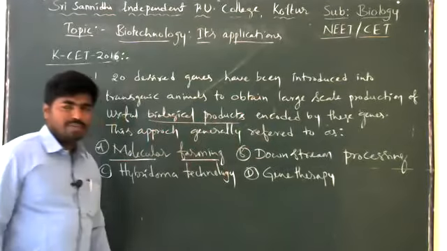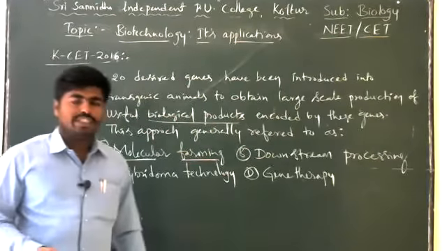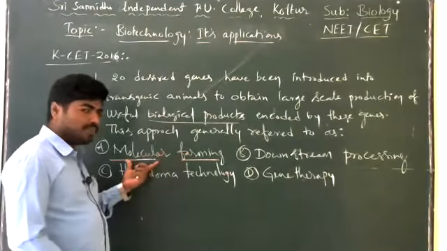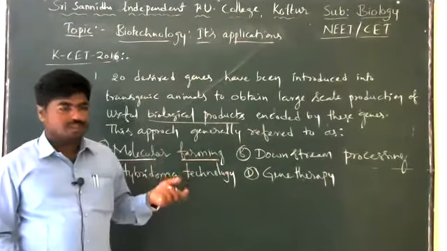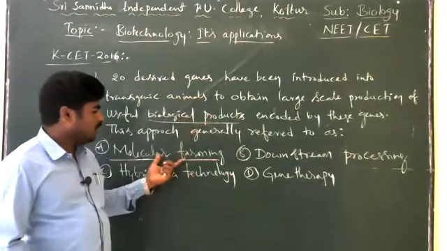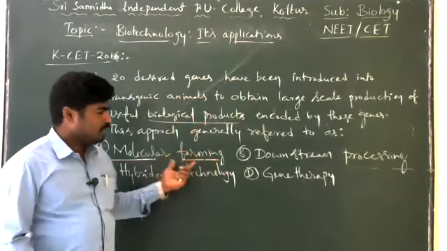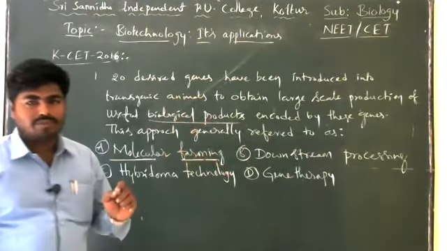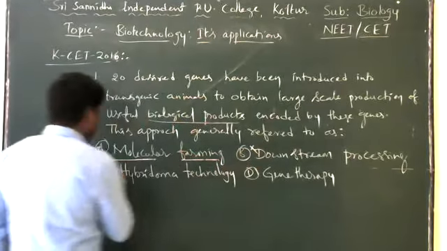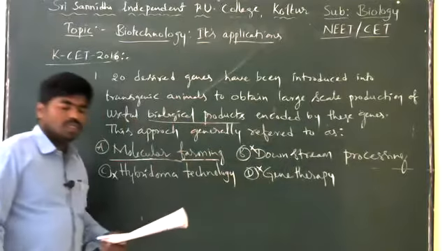Farming belongs to the agriculture world; farming means growing crops or growing animals. Molecular farming means DNA multiplication or gene multiplication. By the molecular farming method, we can produce a large amount of products for human welfare. So the remaining three are wrong, and the answer is molecular farming.